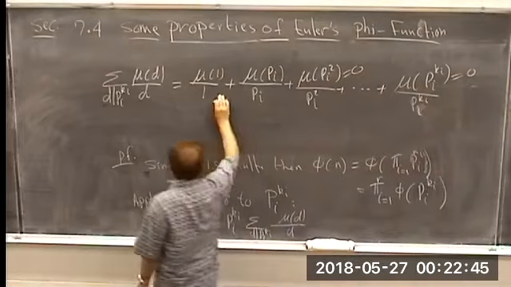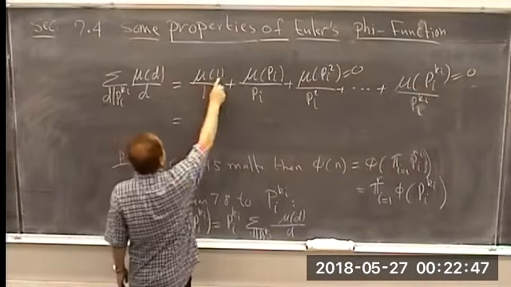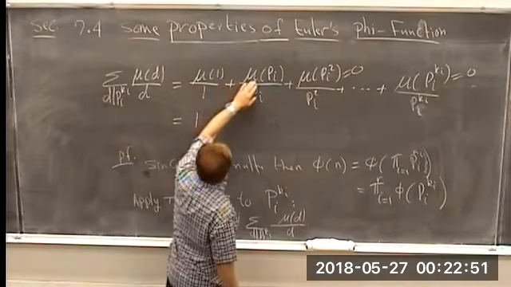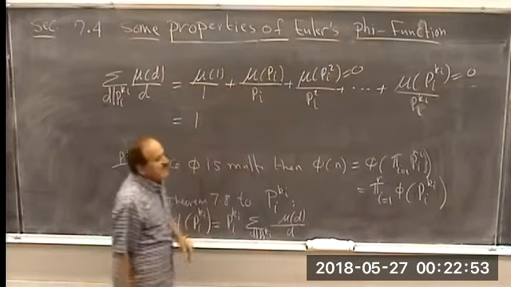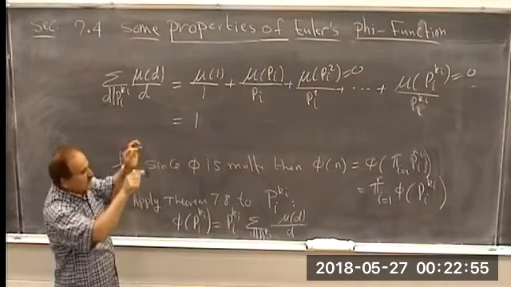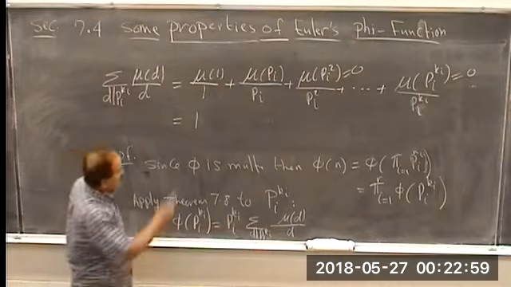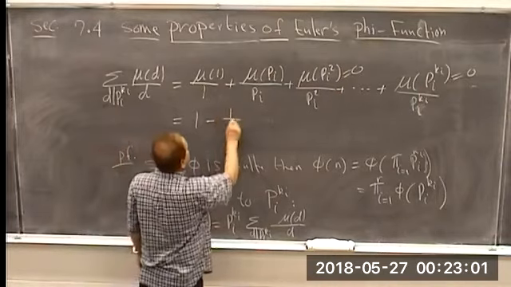So we end up in here with mu of 1 over 1, which is 1, and mu of p sub i, which is equal to negative 1, because it's negative 1 raised to the number of primes contained in n. There's only one prime, so this is p sub i.